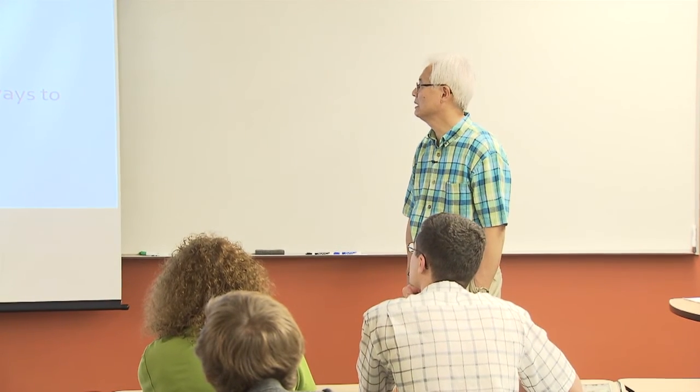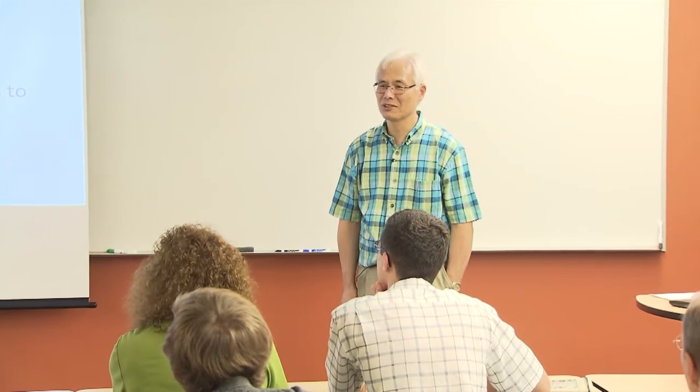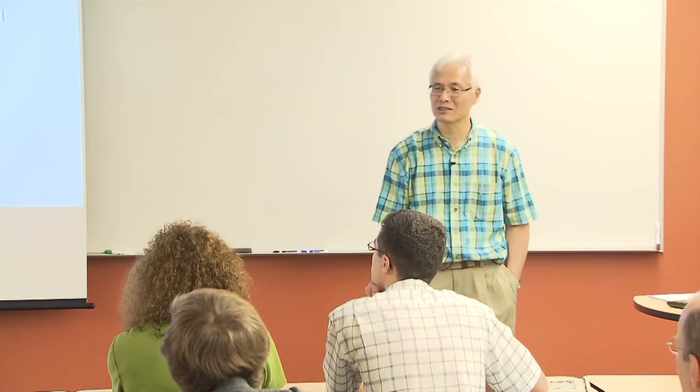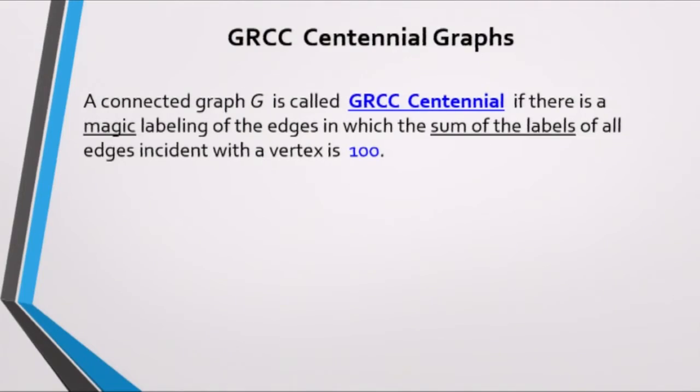And I thought, all right, let's look at graphs that give a sum equal to 100. I'm going to call that the GRCC Centennial graph. We want every vertex to have a sum of exactly 100.